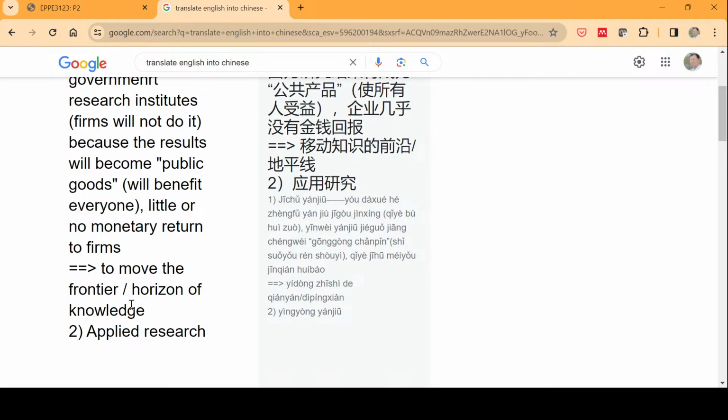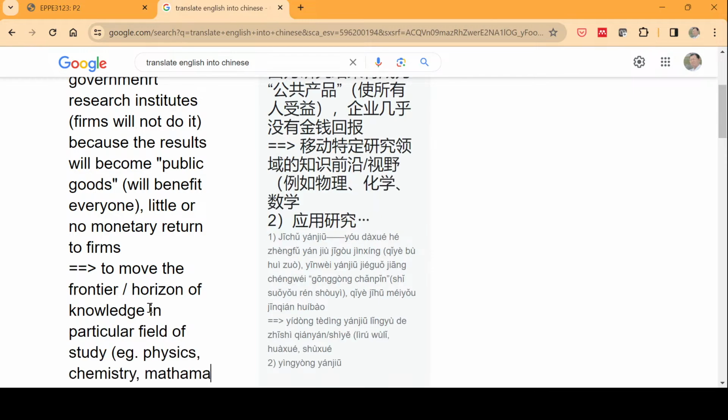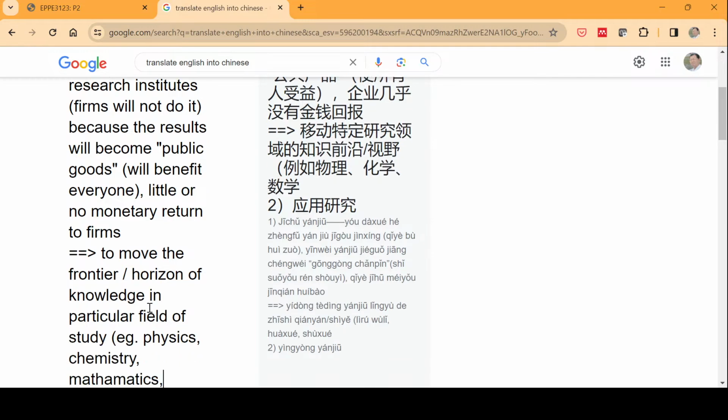Examples: physics, chemistry, mathematics, engineering, etc.